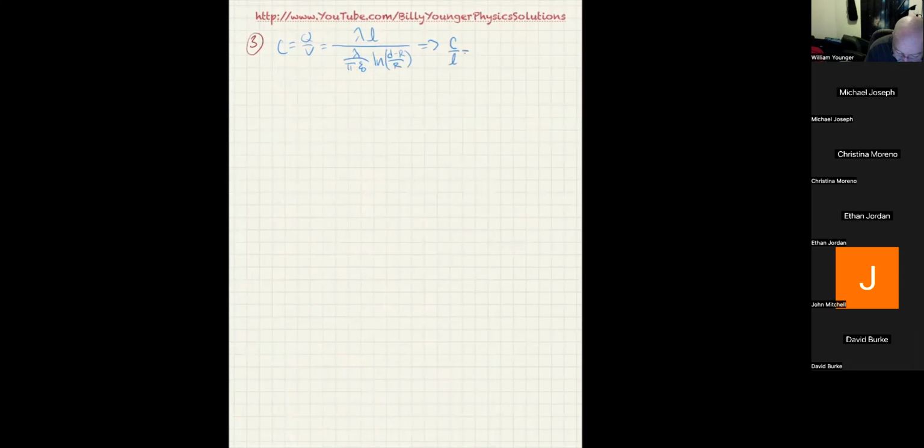In other words, I divided both sides by L. The lambdas cancel out, and I'm going to get pi epsilon naught, all of that divided by the natural log of d minus r over r.